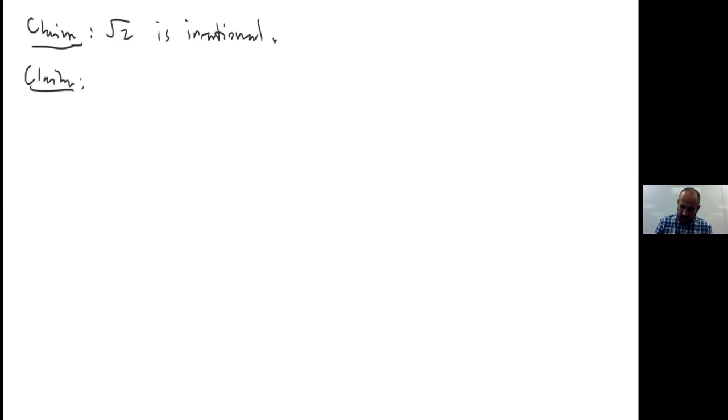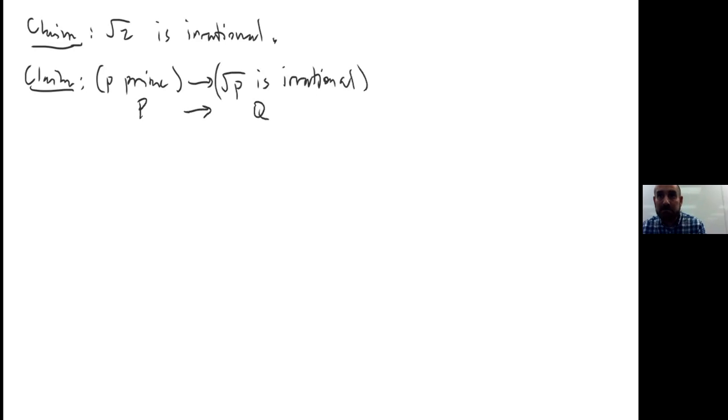Here's a claim. P prime implies what? The square root of P is irrational. Okay, do you see that this has the form, we'll say capital P implies capital Q or something like that, yeah?